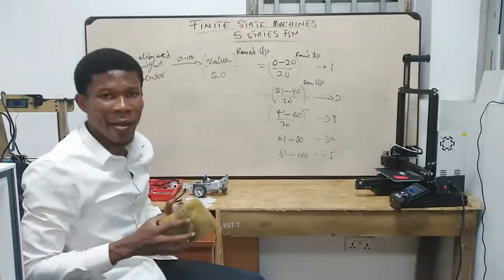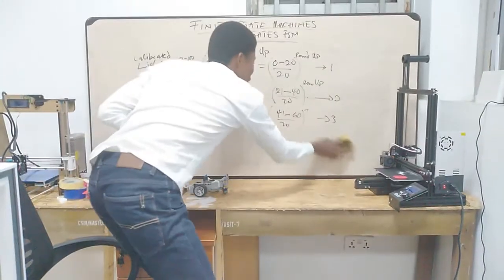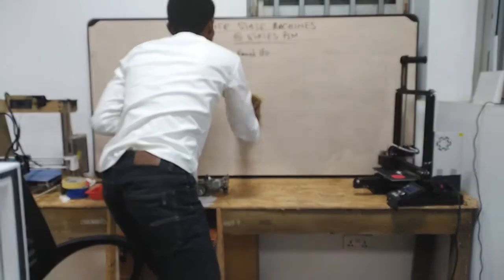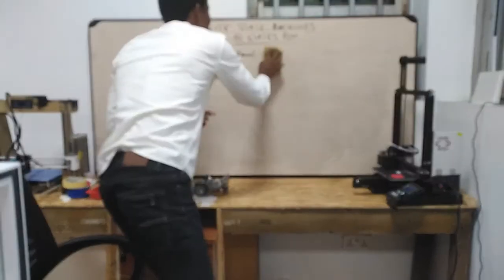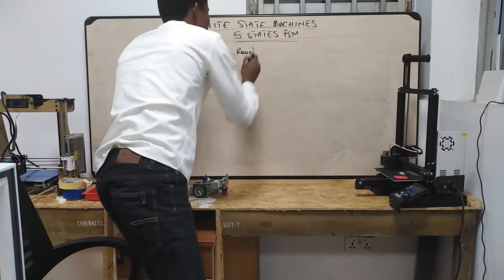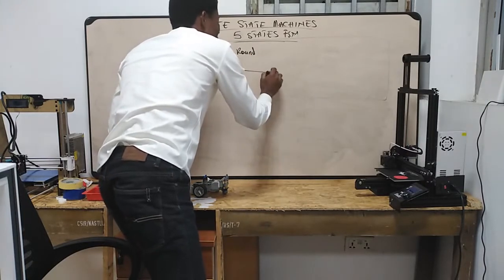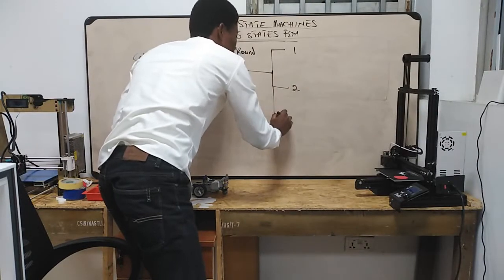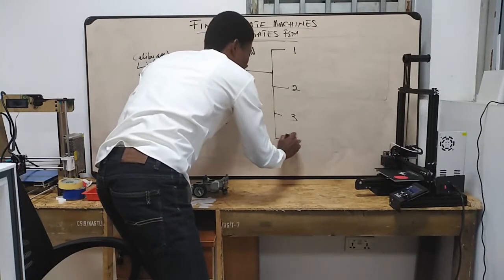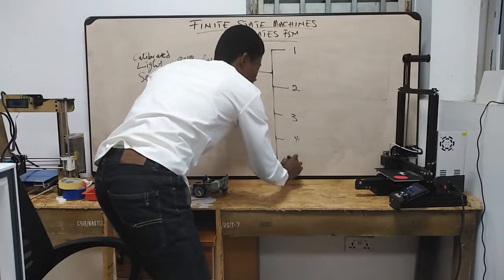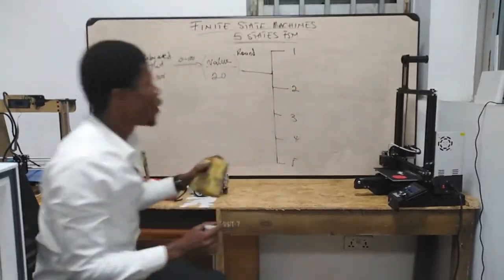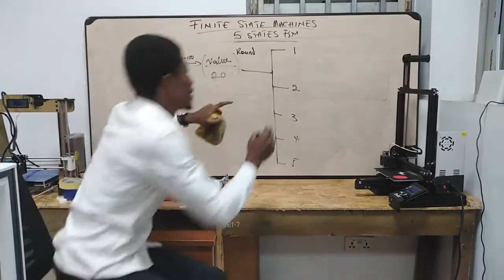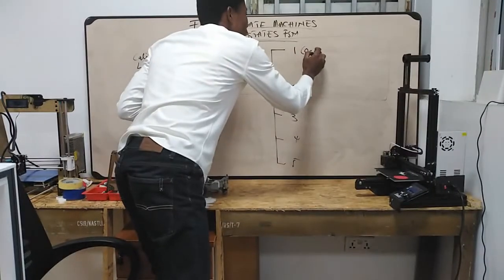So let us write our algorithm or our pseudocode for this. So we are saying that the figure is rounded up, and the possible results are a 1, a 2, a 3, a 4, or a 5. Now, when we have a 1, what it means is that the figure that came out of the light sensor was between 0 and 20.